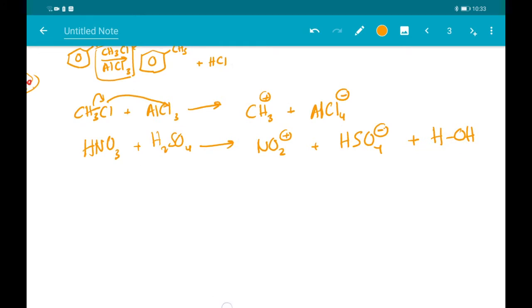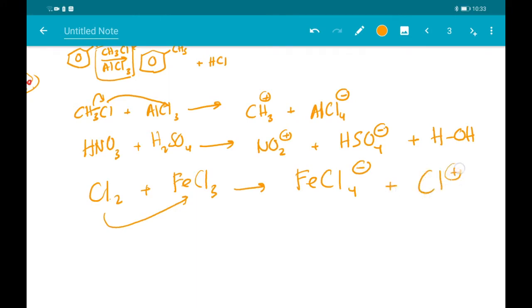For halogenation, let's say we have chlorine reacting with iron chloride. One of the chlorine molecules will transfer to the iron chloride to produce the nucleophile FeCl4 negative, and the electrophile generated will be Cl plus.